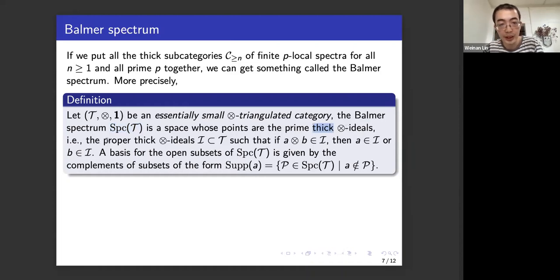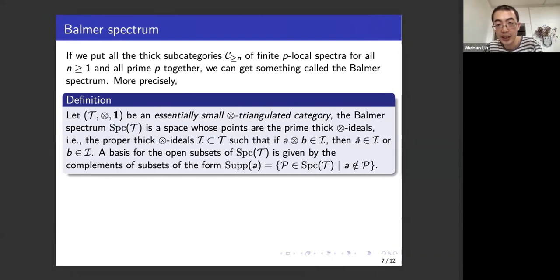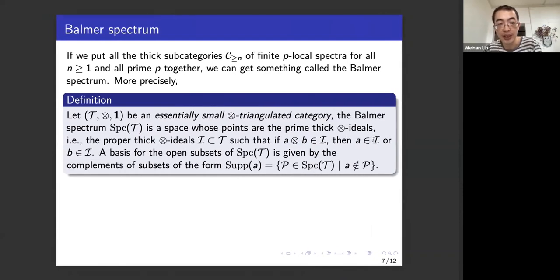So here is the definition. The proper thick tensor ideals. I'm defining what's prime here. It's actually very similar to commutative algebra. A thick ideal is prime if it satisfies the property that if the tensor product of two objects is in the ideal, then either one of them should be in the ideal.